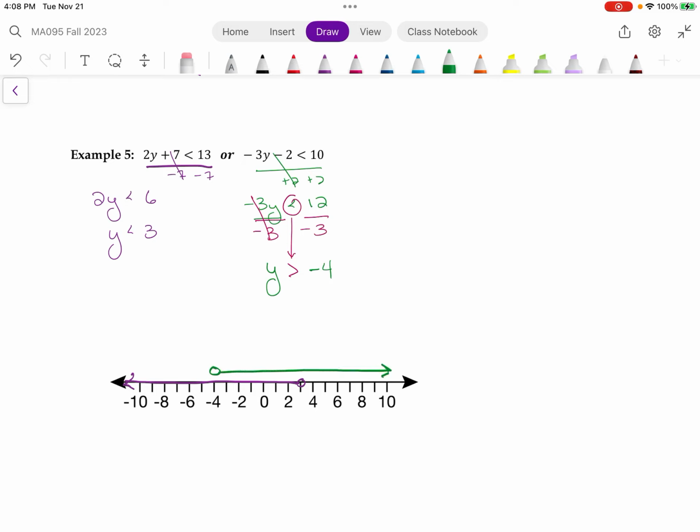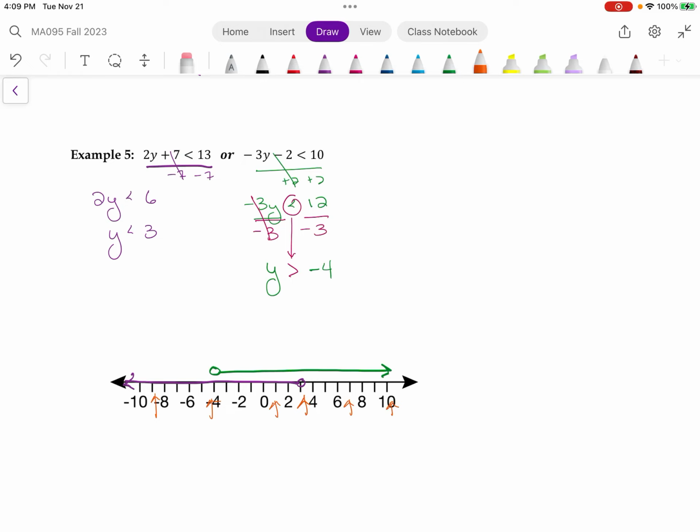All right, so now this one's a little odd. We haven't seen one like this before. This is an or, okay? So this is not and, this is or. So this means either one can be true. So you want to think, would either one of these be satisfied right here? Yes. Right here? Yes. Right here? Yes. It's either one, right?